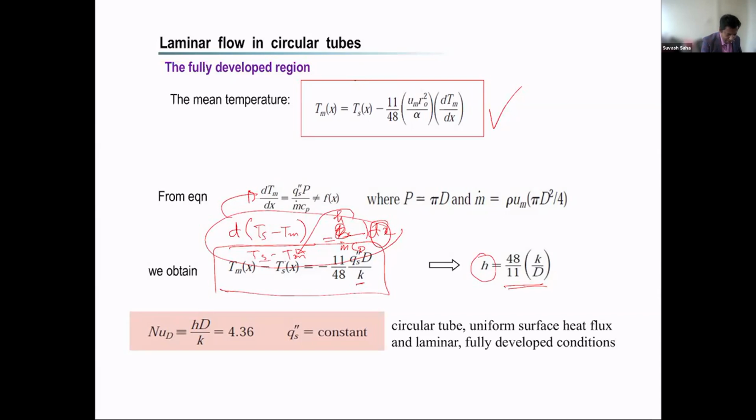I can show you here that Tm minus Ts equal to minus 11 by 48 qs double prime D divided by k.